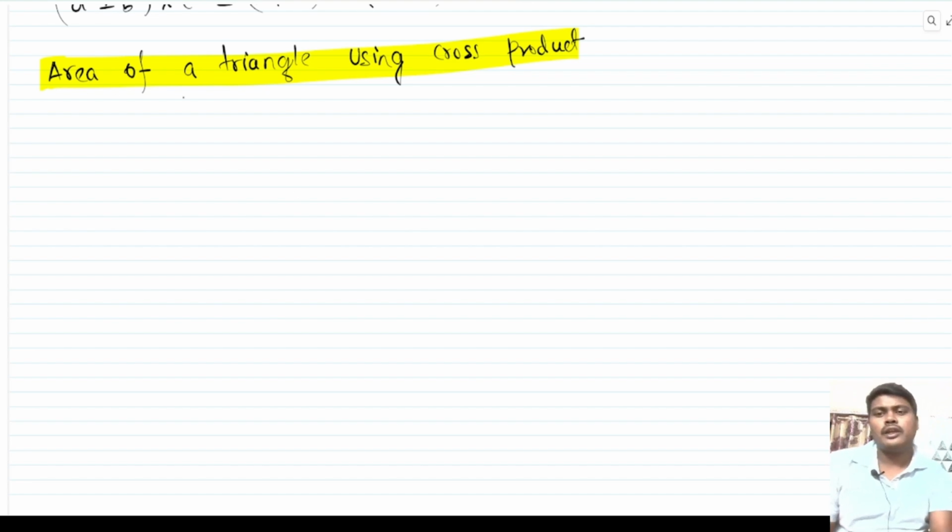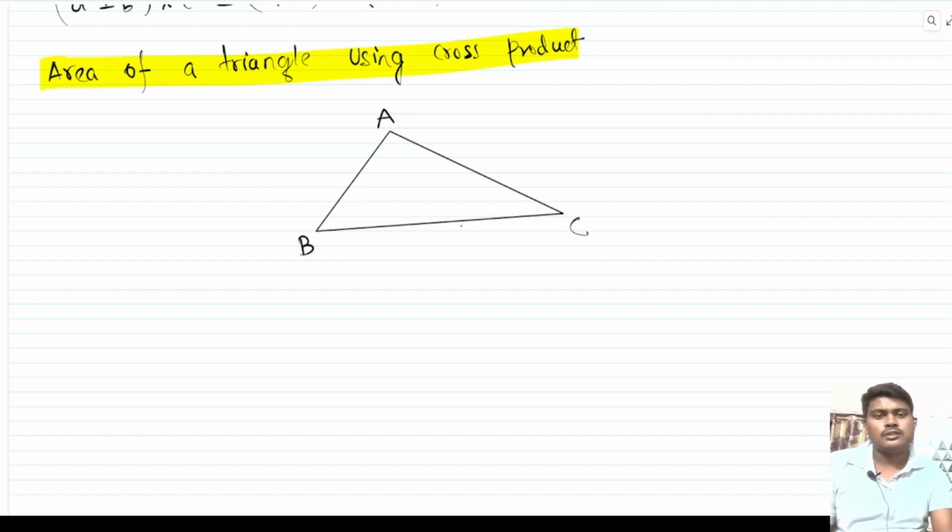Now we evaluate the area of a triangle using the cross product. Let us consider a triangle ABC. Here it is a vector, it is b vector, and consider it is c vector.